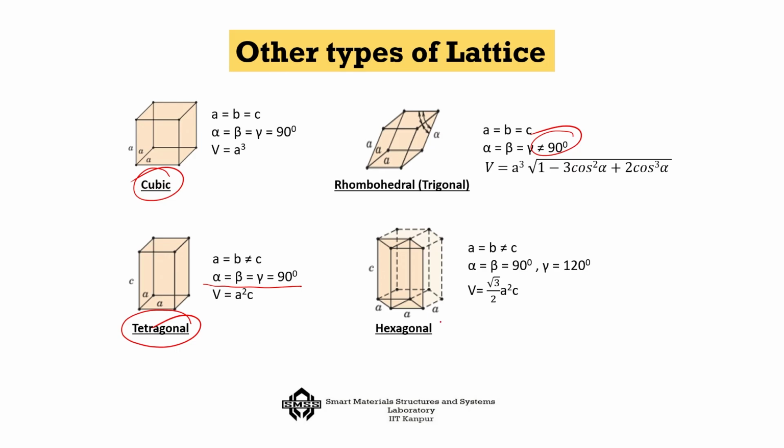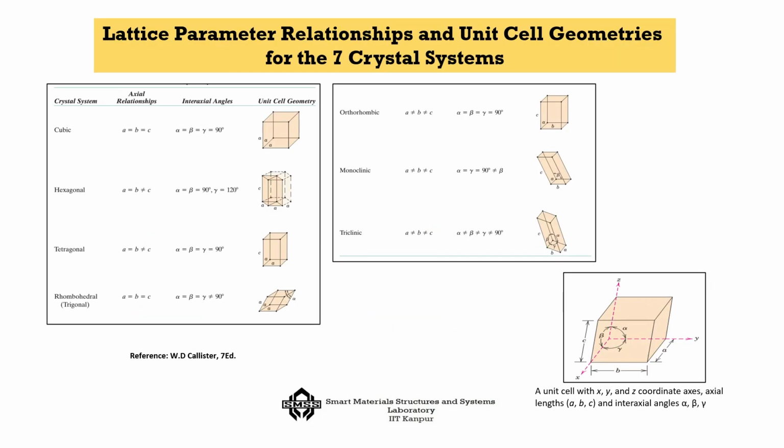And finally, you can also have a hexagonal system, where a and b are the same in a plane, but the c direction is longer, alpha and beta are 90 degrees, but gamma is 120 degrees, and as a result you get a hexagonal lattice system.